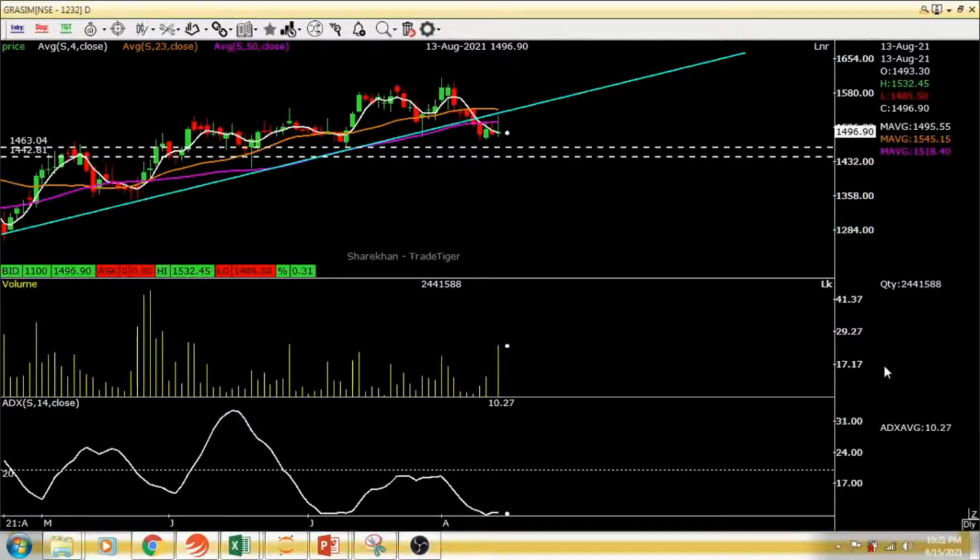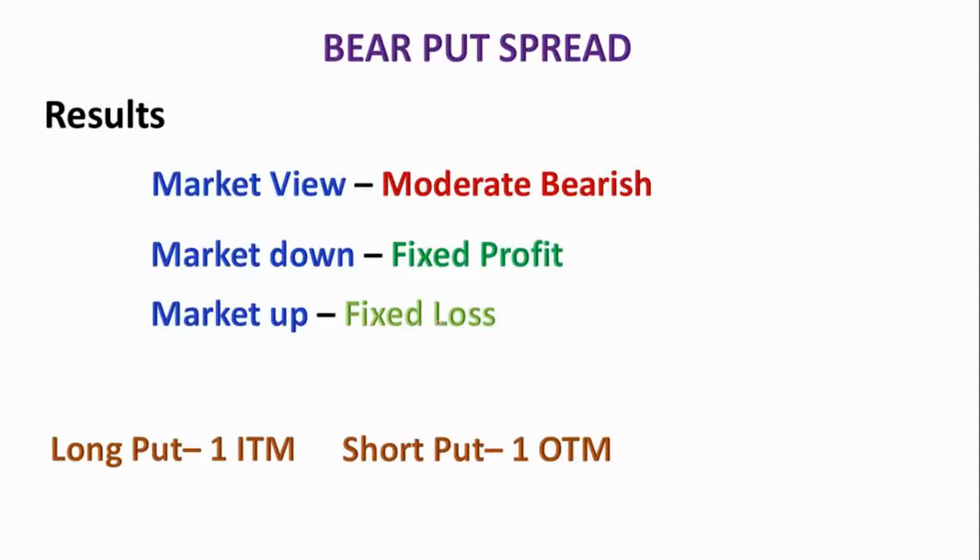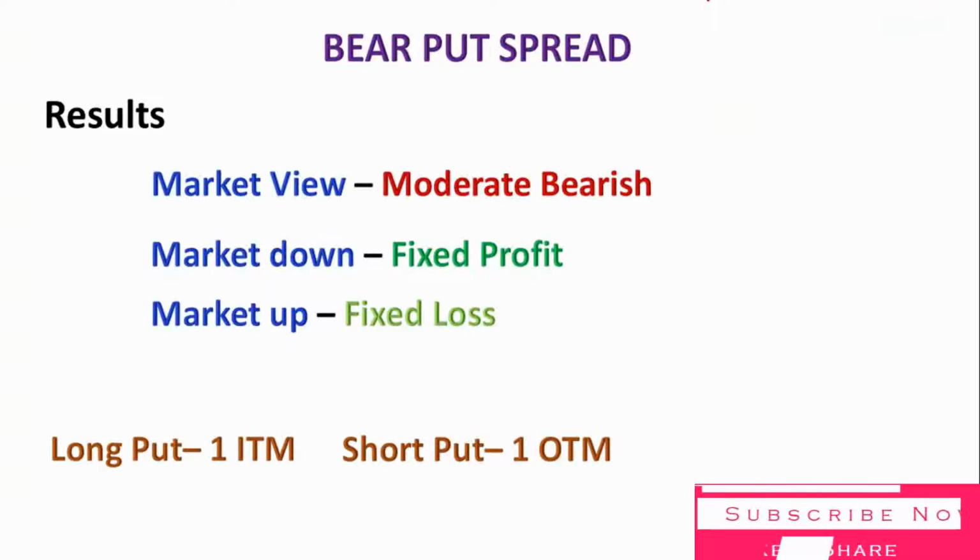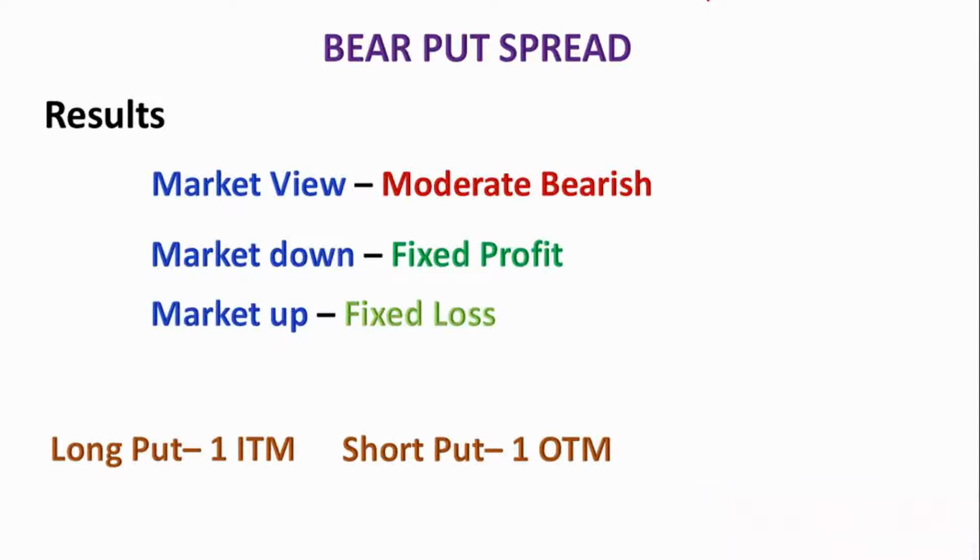Let's go and see what strategy we will use and the thought process behind it. We will quickly review that. As I said before, this is a bear put spread strategy I am using here for GRASIM. The main reason is that I have a moderate bearish view on the stock. Whenever you have a moderately bearish view on any stock or index, you can opt for the bear put spread option strategy.